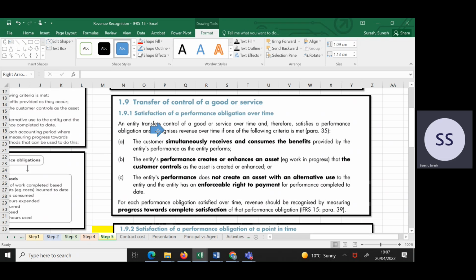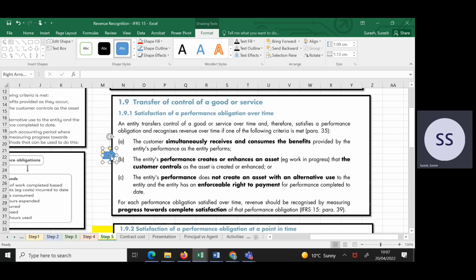An entity transfers control of goods and services over time, and therefore satisfies the performance obligation and recognizes revenue over time, if the following three criteria are met. If these three criteria are met, then the entity can recognize its revenue over a period of time.